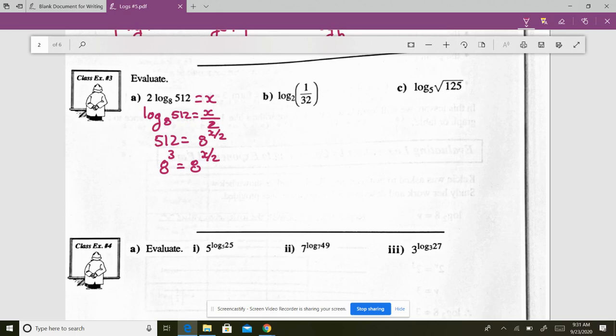Now what do I do? If the bases are the same, you just look at the exponents, right? So now I have 3 is equal to x over 2. So x is equal to 6.